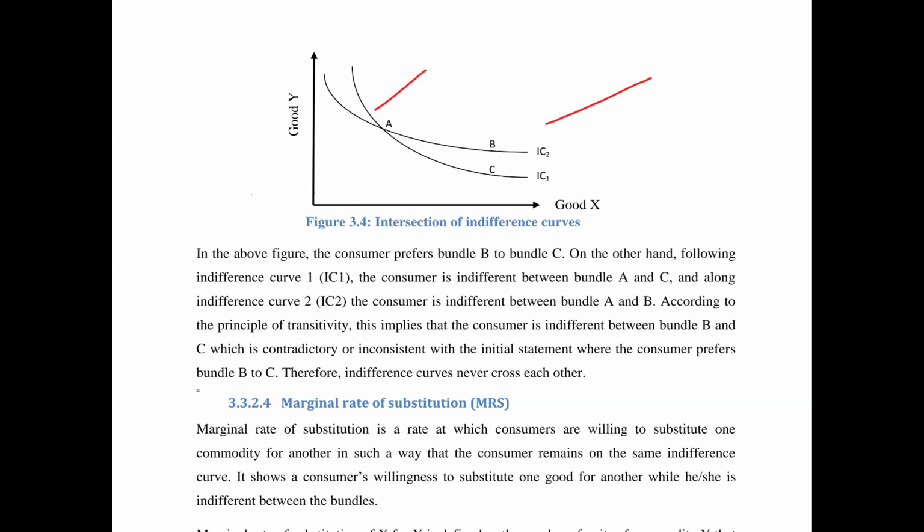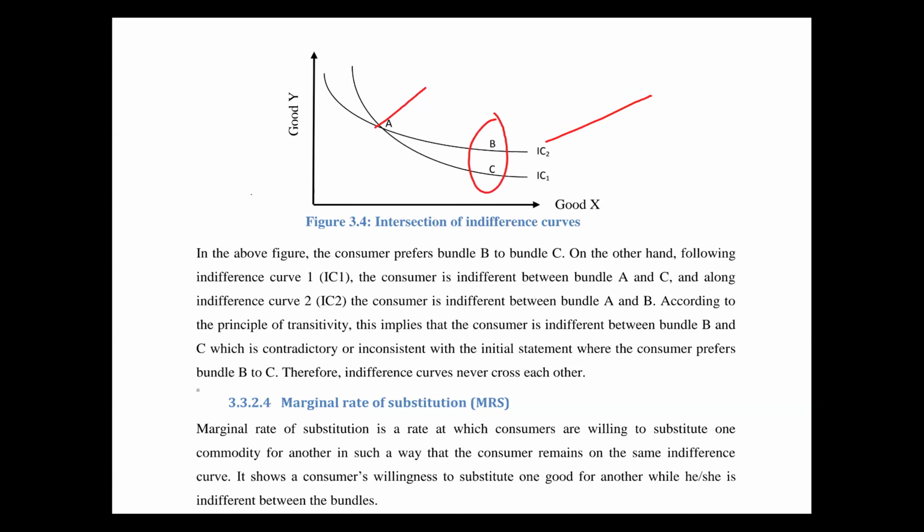Then on the other hand, if you check indifference curve number 1, the consumer is indifferent between A and C. And along indifference curve 2, the consumer is again indifferent between A and B. Now, according to the principle of transitivity, it implies that the consumer is indifferent between point A and what?